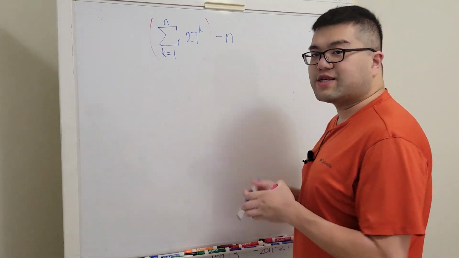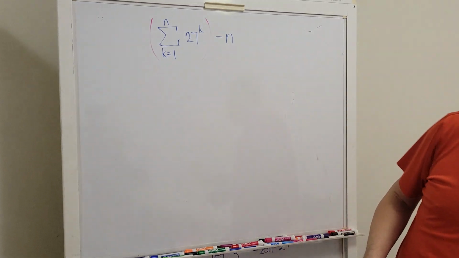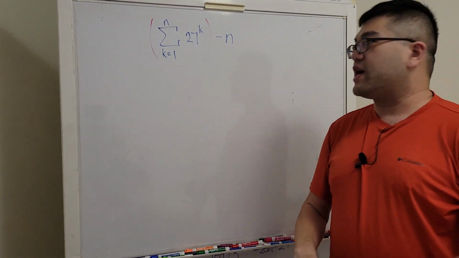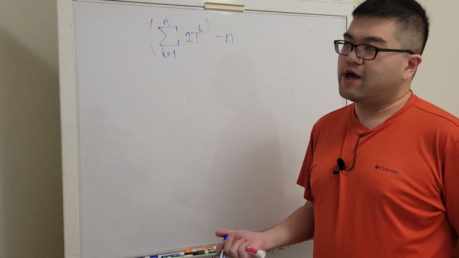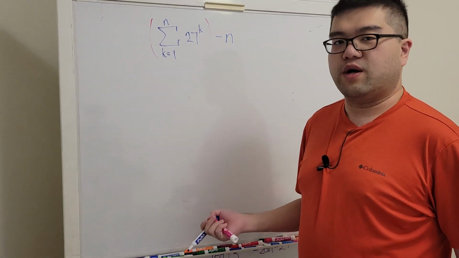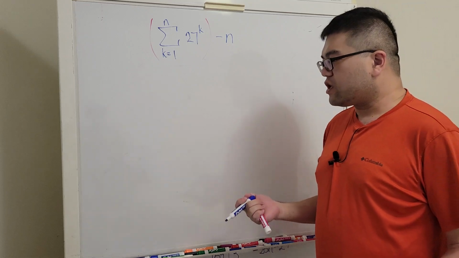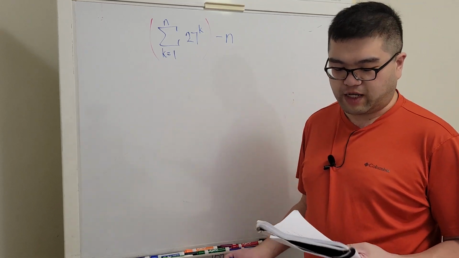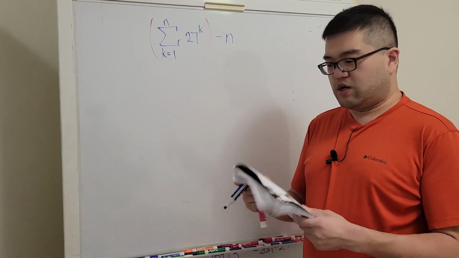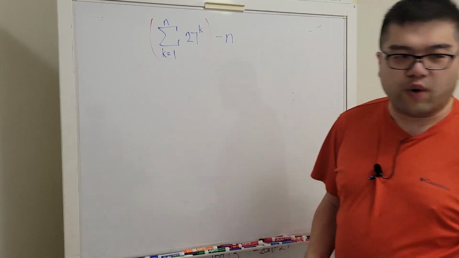We want to show that this expression is actually a multiple of 13 as well, such that now if we multiply this expression by 26, the whole product will become a multiple of 13 squared, which is 169.